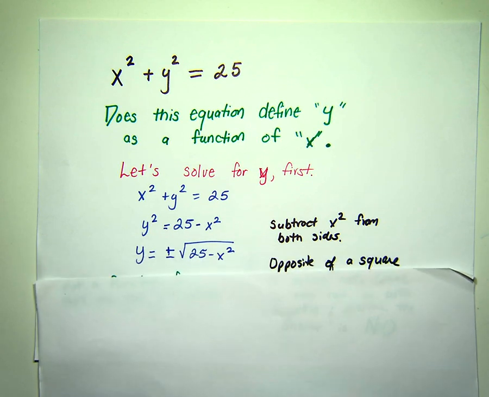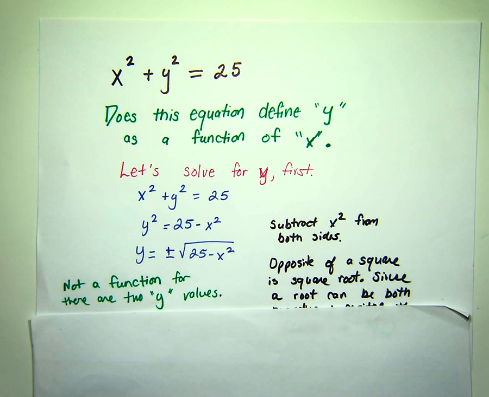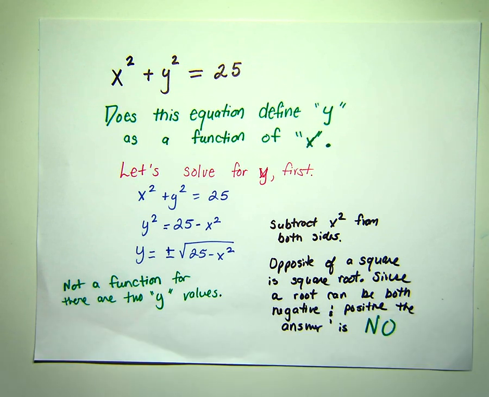The next step is to isolate the variable y by itself. Notice how you have y squared. The opposite of something being squared is the square root. The answer to that question is no. A root can be both positive and negative.